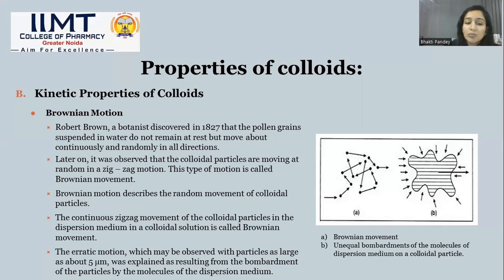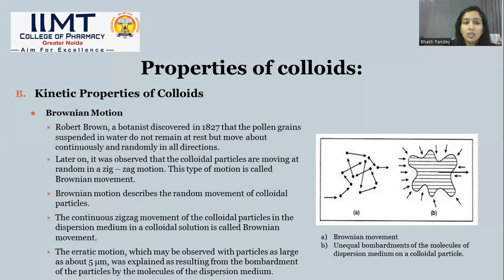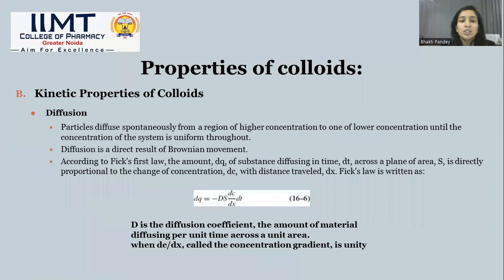The erratic motion which may be observed when particles are as large as about 5 micrometers was explained as resulting from the bombardment of particles by molecules of the dispersion medium. The other kinetic property of colloids is diffusion.